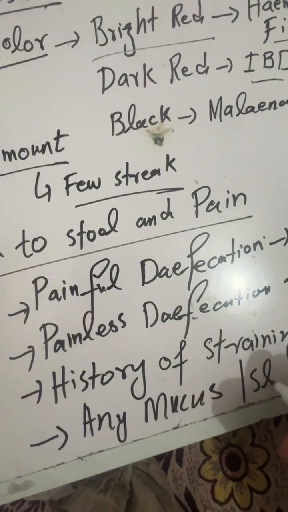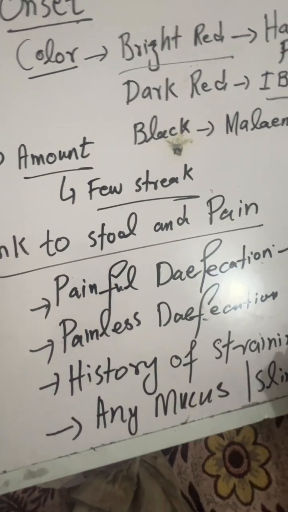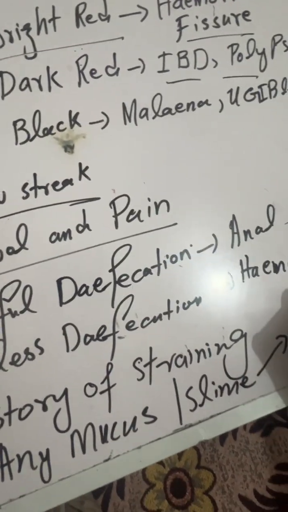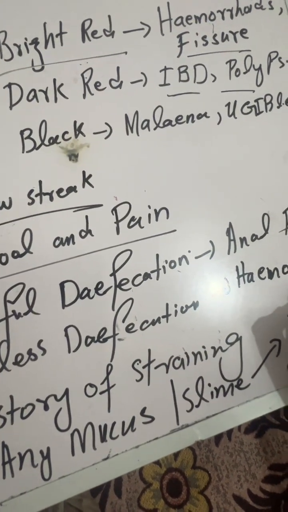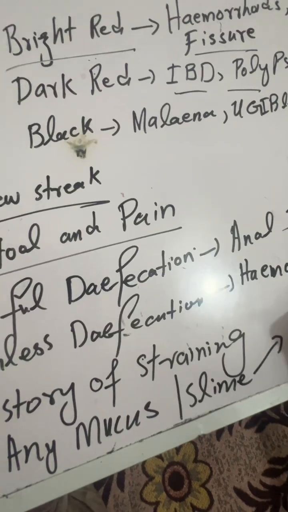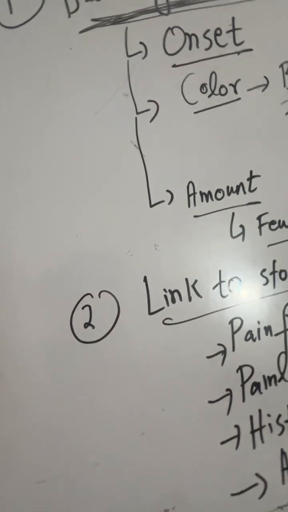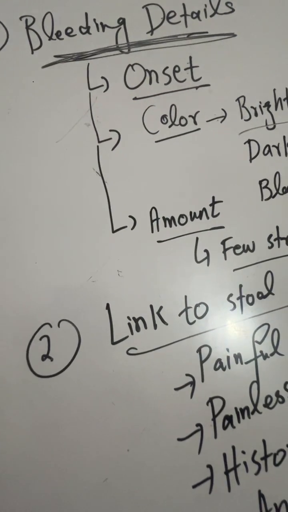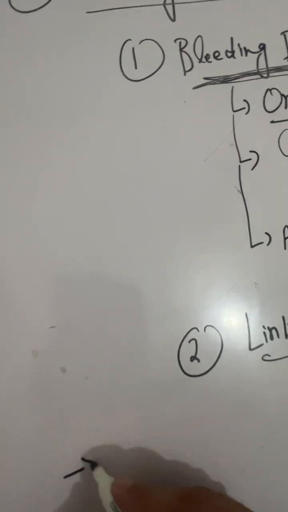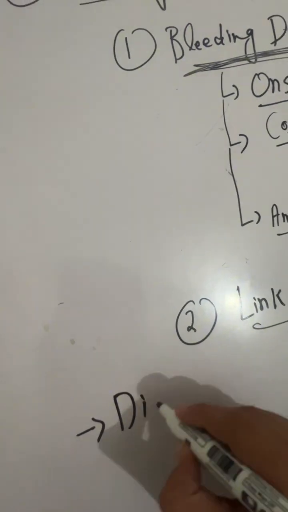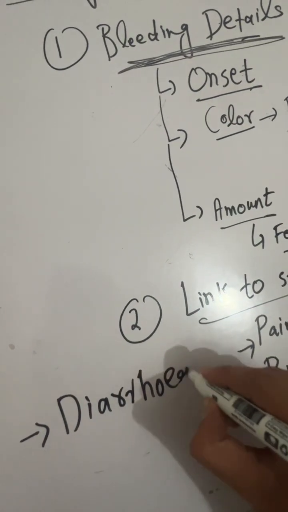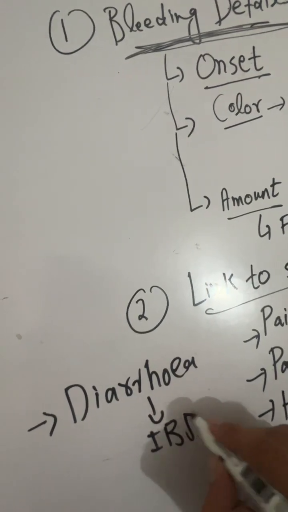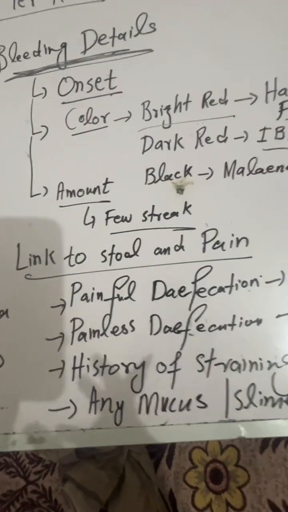If there is mucus or slime discharge in the stool, then we will think about IBD, inflammatory bowel disease. And if the bleeding is associated with diarrhea, then it will also suggest inflammatory bowel disease. Okay, so this is the link to stool and pain.